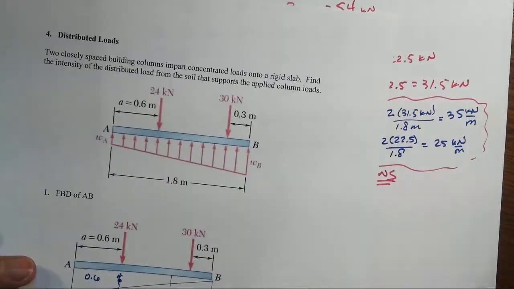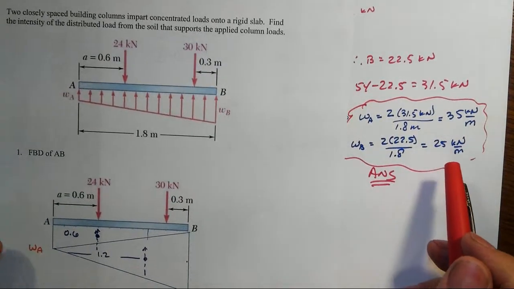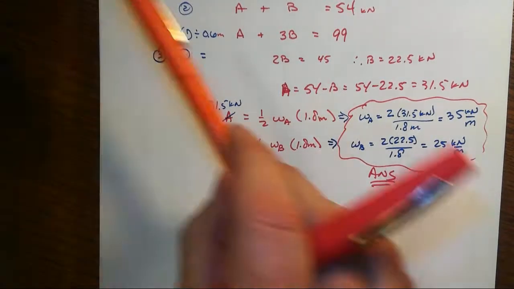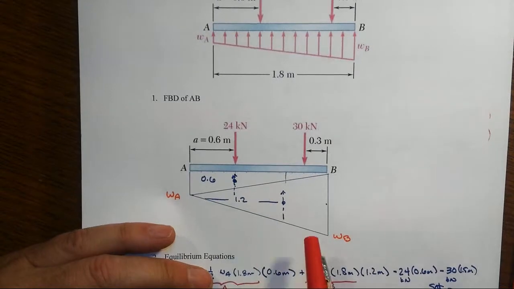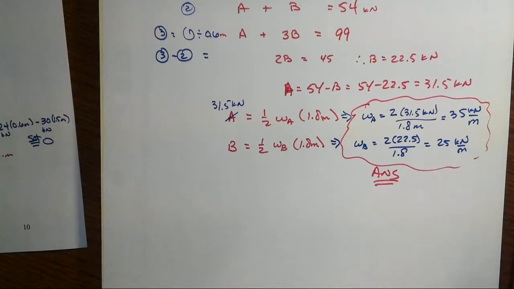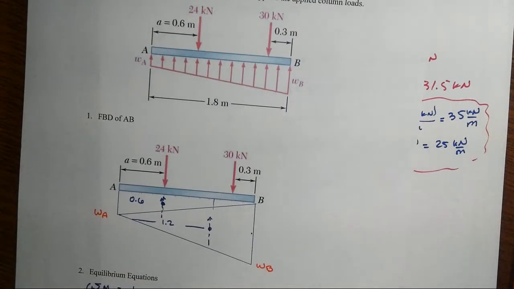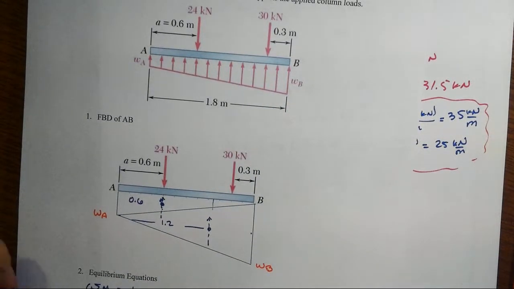WA is actually larger than the 25. That's kind of interesting here, and that's a little surprising. It makes me want to go back and say, well, it didn't really matter that I had set it up this way. This was still 2 triangles at work, so that's okay. Does that actually make any sense to me? Well, no, it doesn't actually, because we got the 30 over here. It makes me think I might have made a mistake.